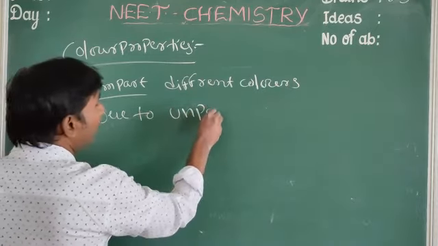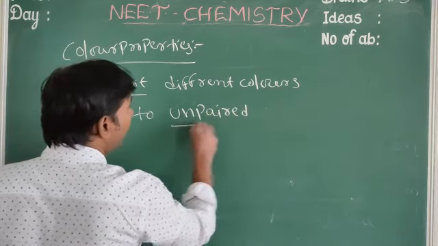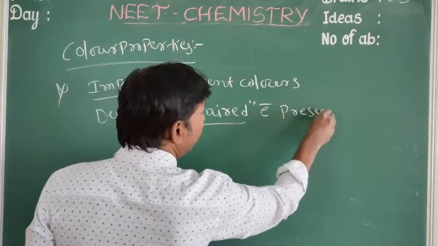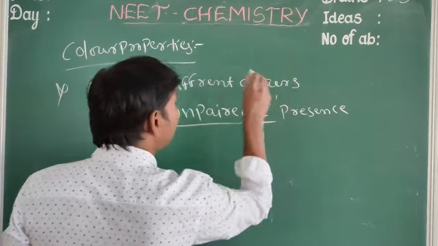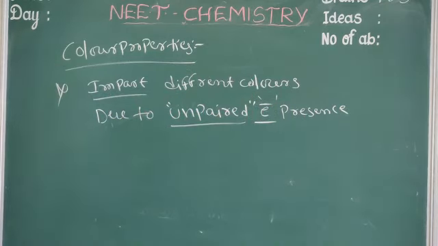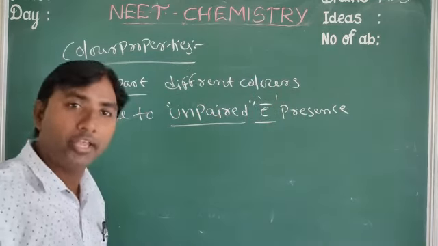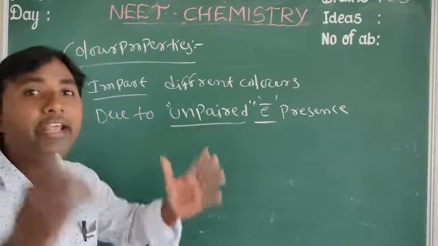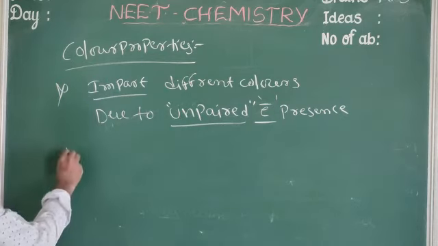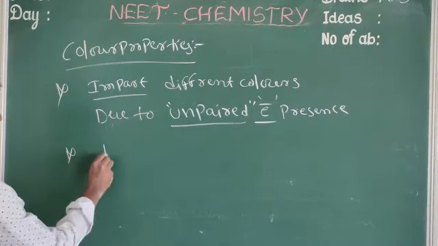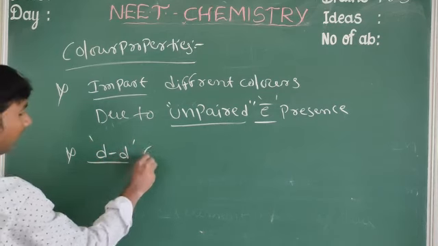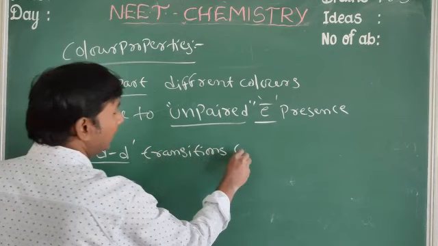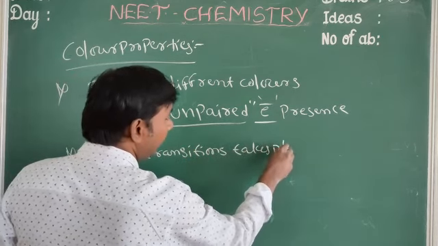Due to unpaired electrons, which come up next in coordination chemistry in depth, d-d transitions take place.